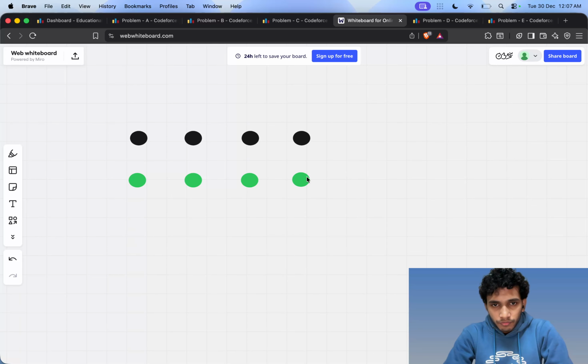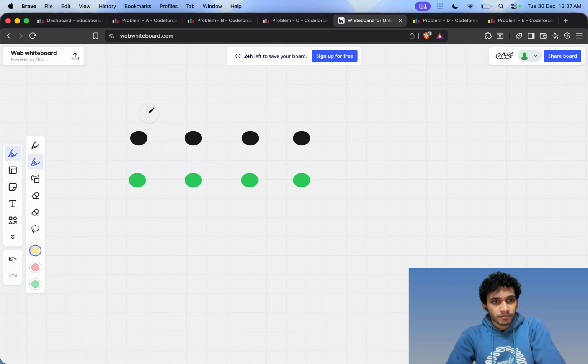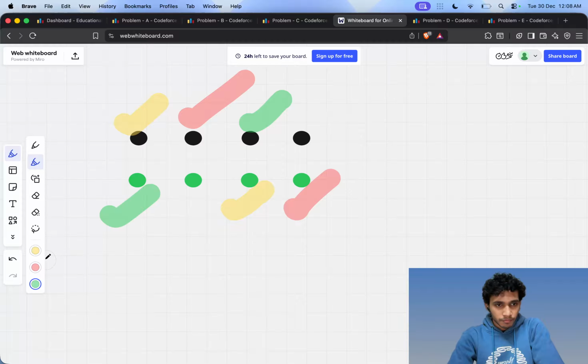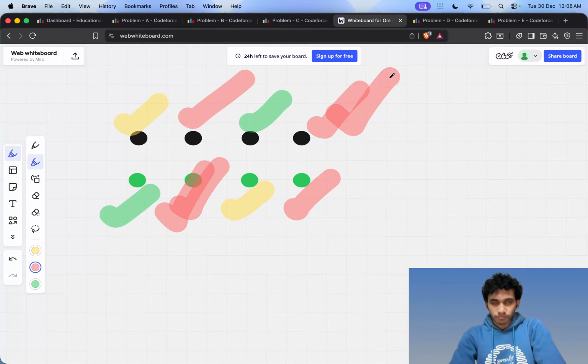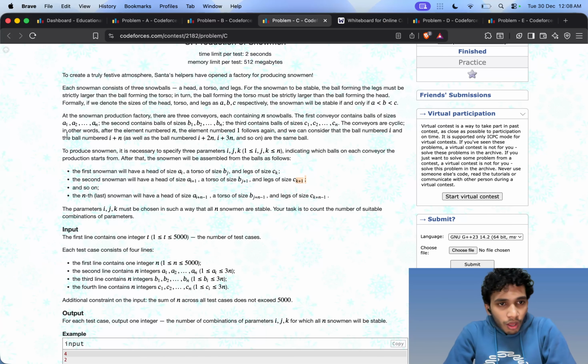Then if we choose some i and some j, then these two will be clubbed. These two yellow ones will be clubbed. These two will be clubbed, in cyclic order. And then again, these two will be clubbed. This is happening in cyclic order. This is what this particular line means.